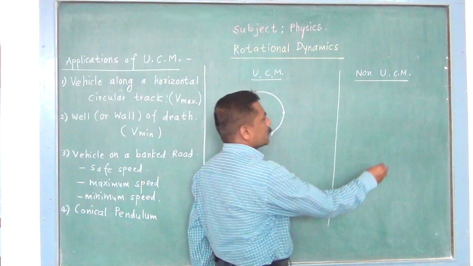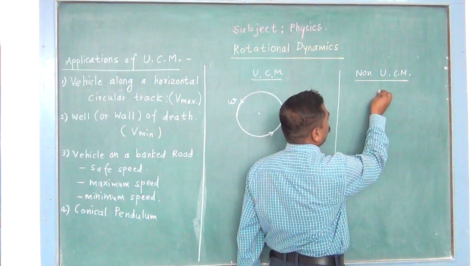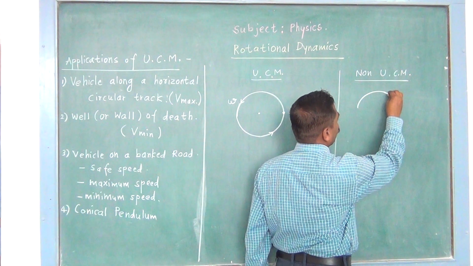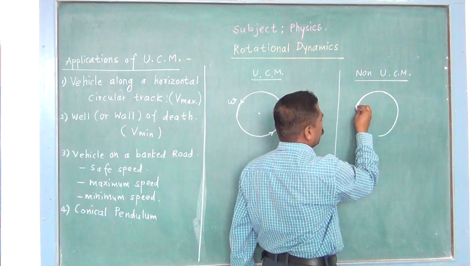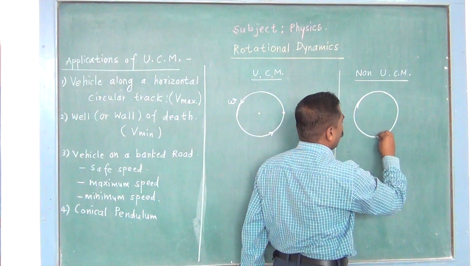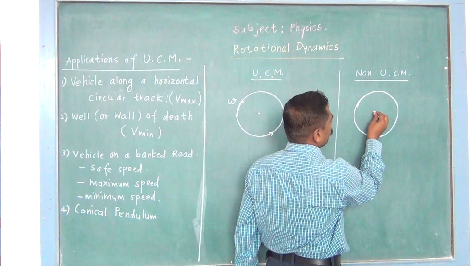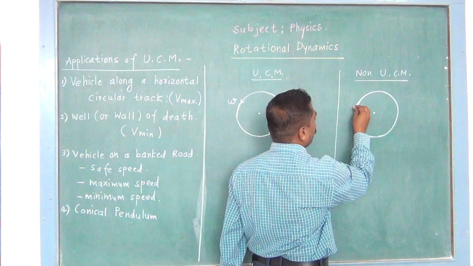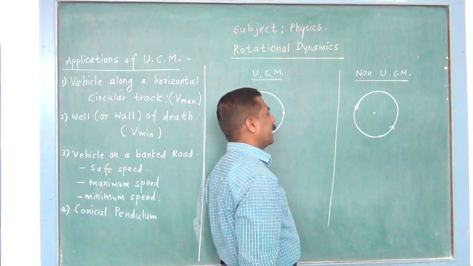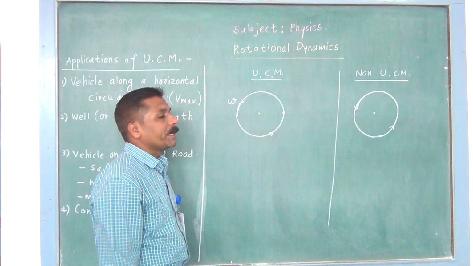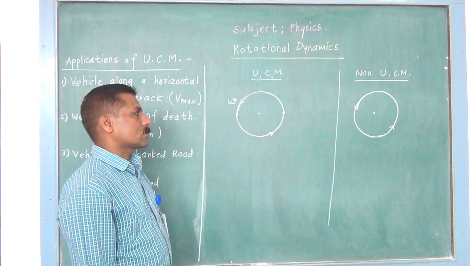While in case of the non-uniform circular motion, you will find the particle is moving along the circumference of the circle, but the angular speed or linear speed is not constant.